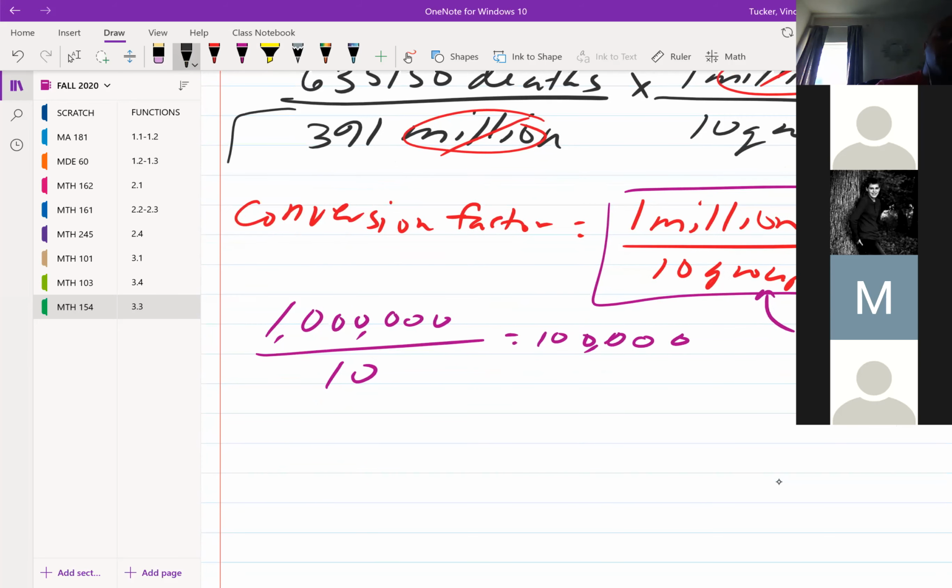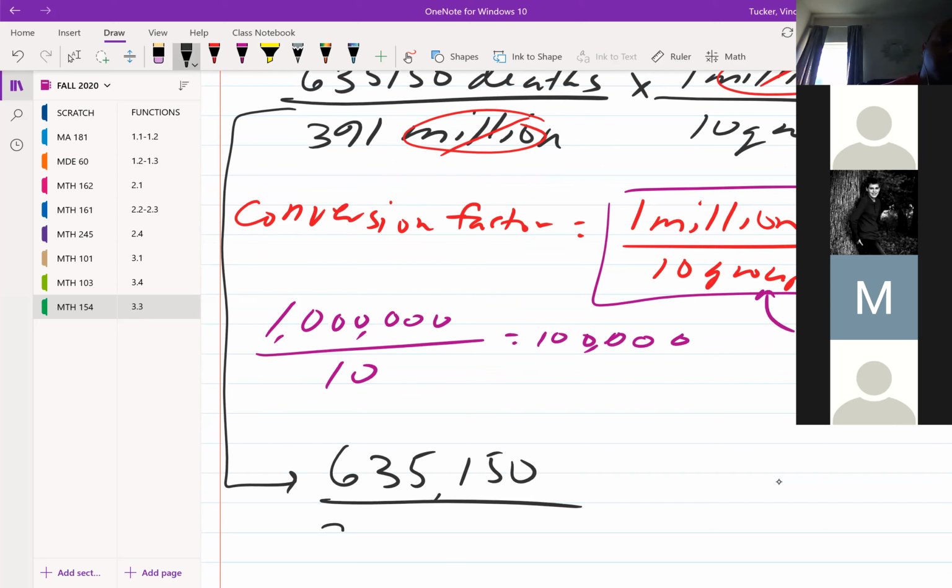And what I'm looking at now is 635,150, and then on bottom, it's 391 times 10.